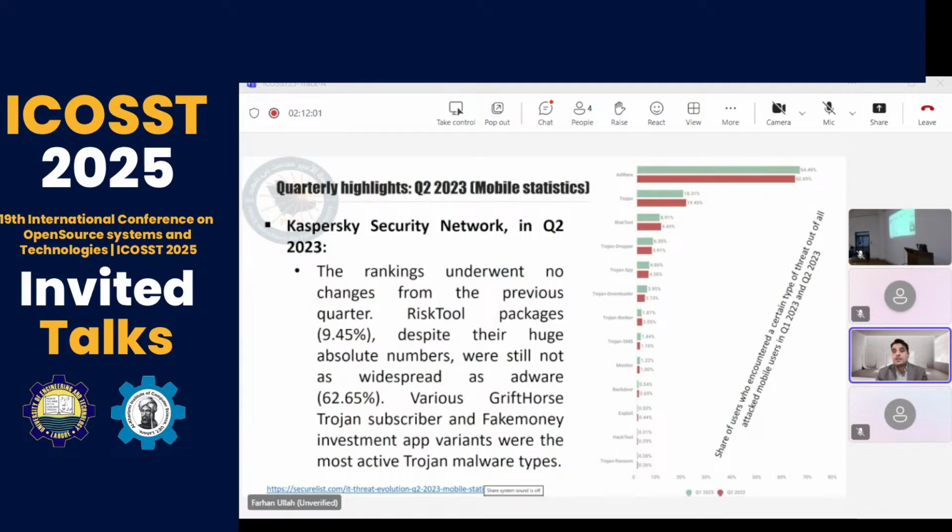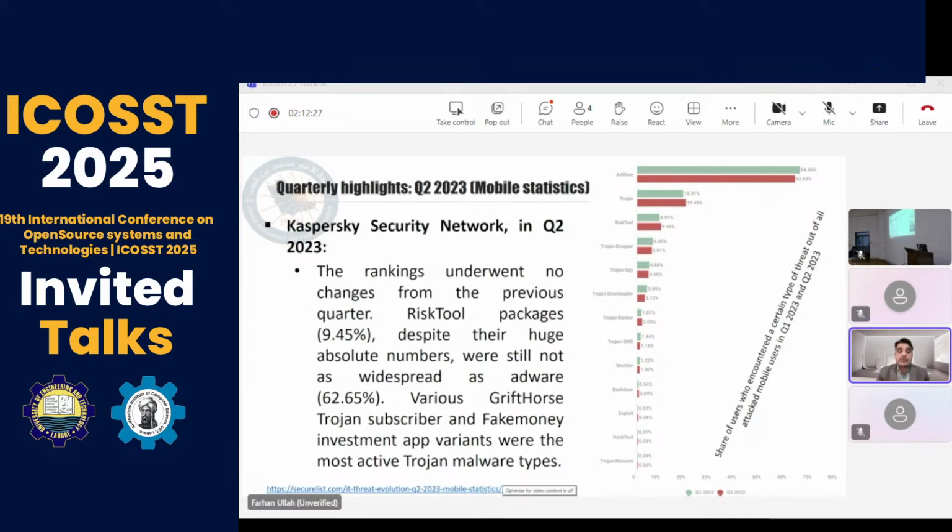Adware 64%, and then in the same year we have 62%, and then Trojan we have 18% malware, and then 19% of malware in the same year. The green color is Q1 and the red color is Q2. I just want to show you which malware are currently trending in the market and being used by hackers to attack our PC and our phone.